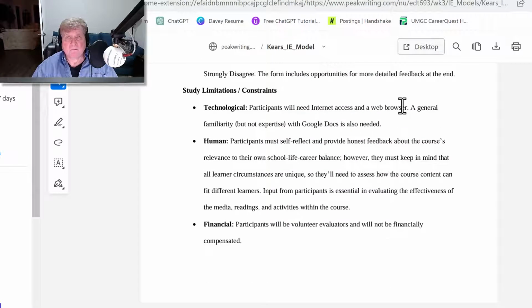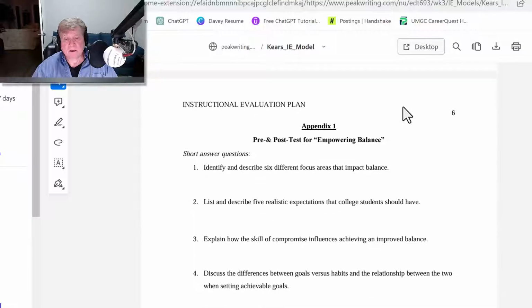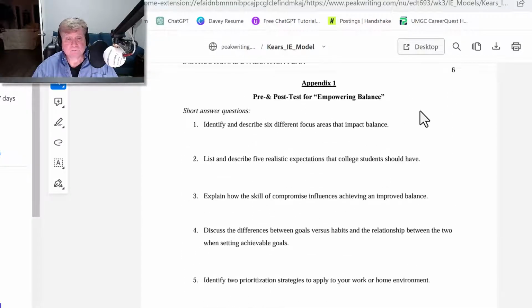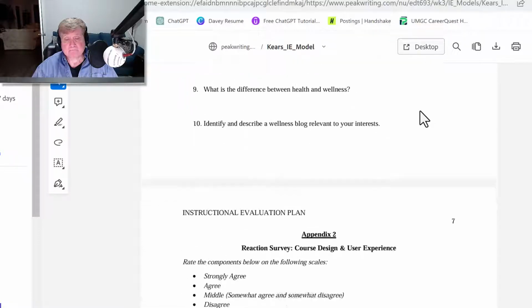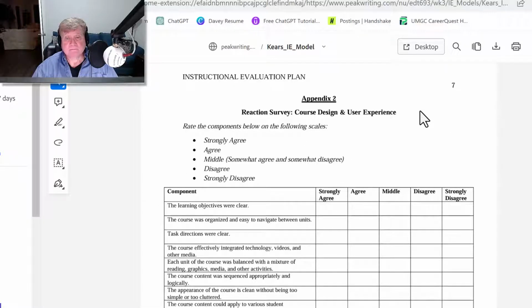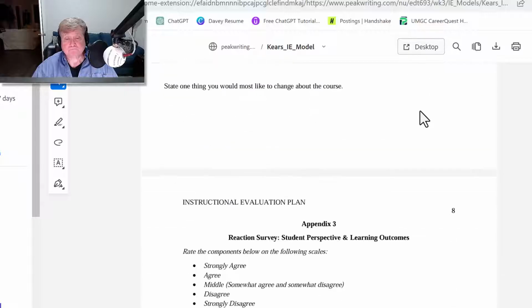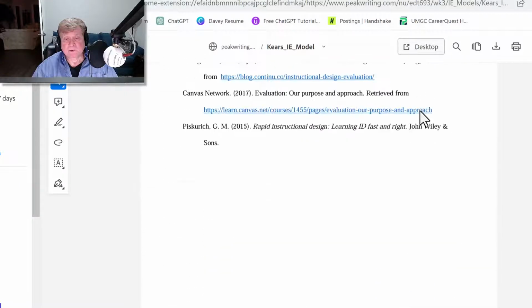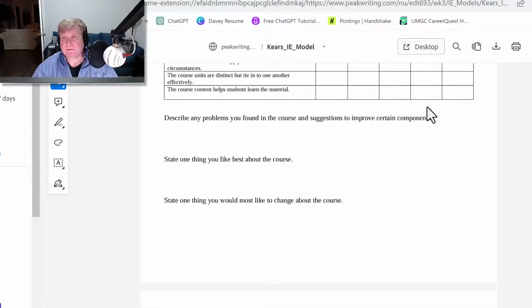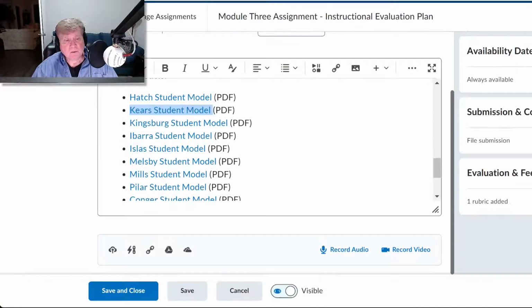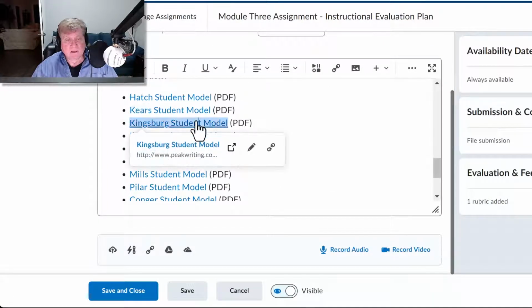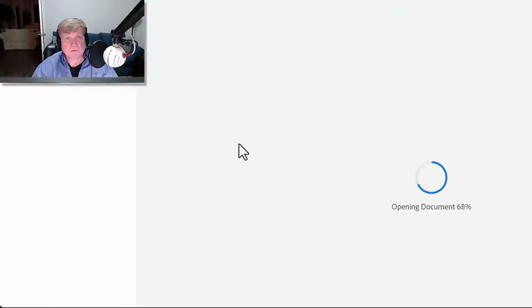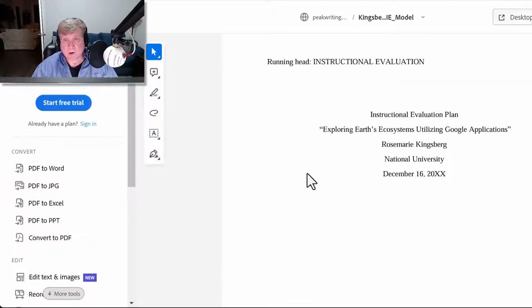By the way, you should have no financial burdens for this study. And then come the appendices, the pre- and post-test instruments, and the reaction survey. So she had 3 appendices and then the references. So you can go through all of these examples. They all are fulfilling the same assignment requirements.